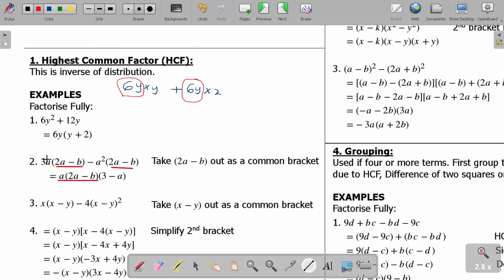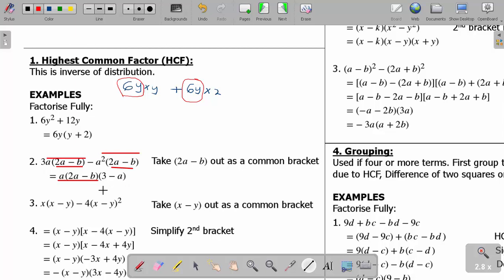Also a squared is the same as a times a. So there is an a, then into 2a minus b. That's why we take it outside brackets to give us a into 2a minus b. Then we are left with 3 minus a.